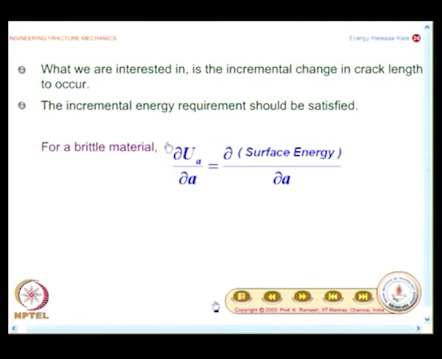The change of strain energy in the presence of a crack should be equal to change of surface energy with respect to the crack. So, dou U_a divided by dou a equal to dou of surface energy divided by dou a. This is the kernel of Griffith's approach to fracture mechanics. He said the formation of two new surfaces requires energy, and this energy, since we are looking at fixed grips, comes from the strain energy.